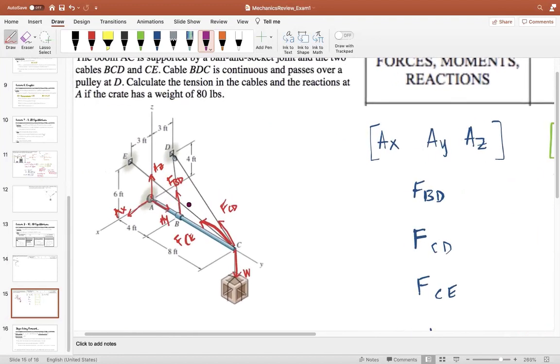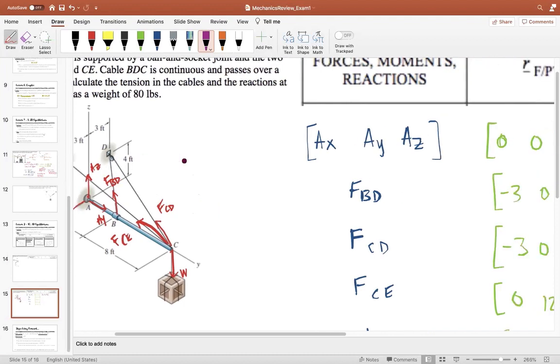It'd be D minus B, so -3, and then -4 and 4. From B to D, it'd be -3, -4, and 4.